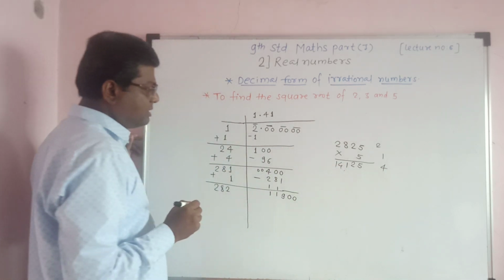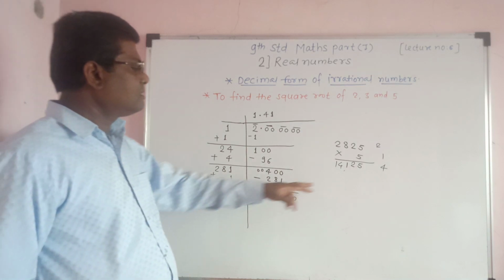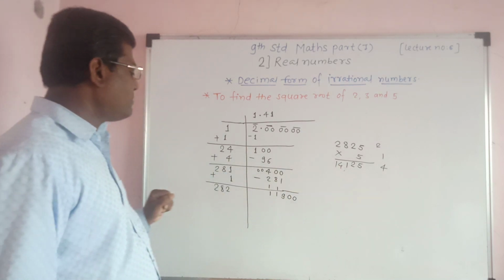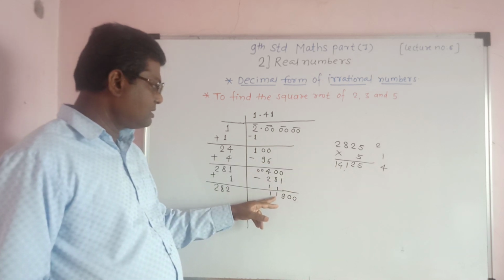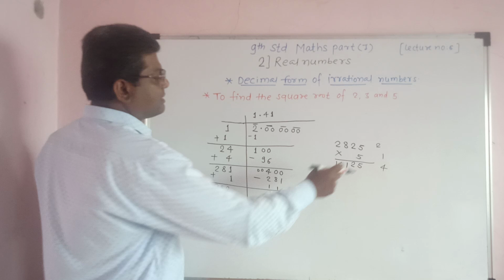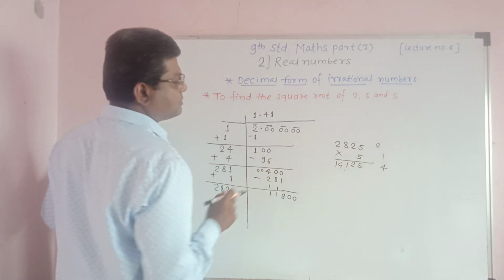That number will be 14,125. Now let us see, this number is greater than this number. Therefore, we can't take 5 on the 282.